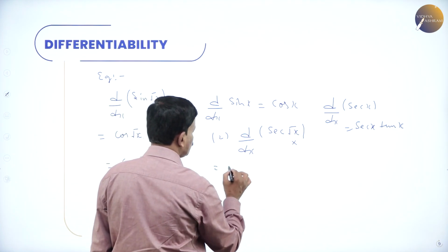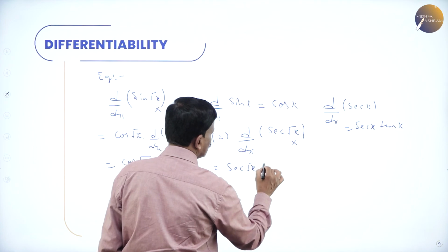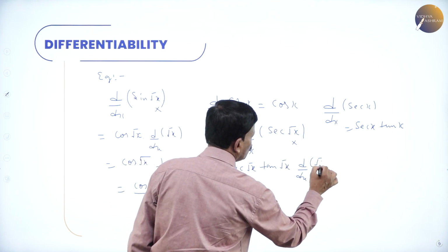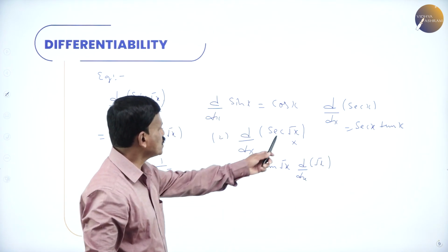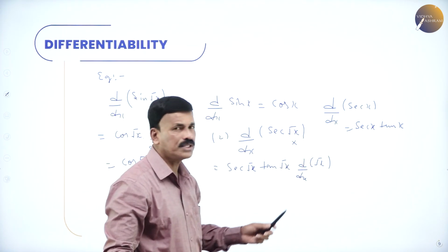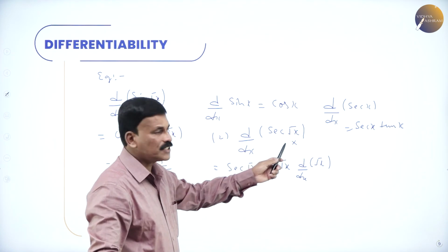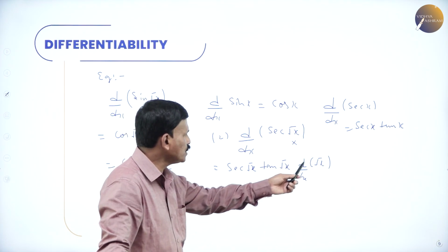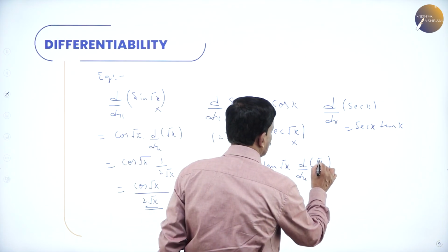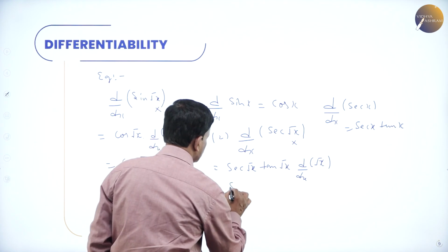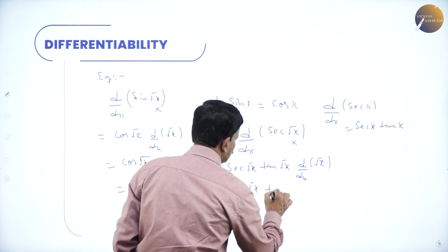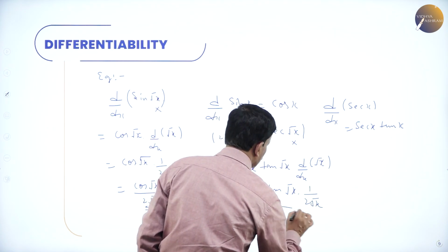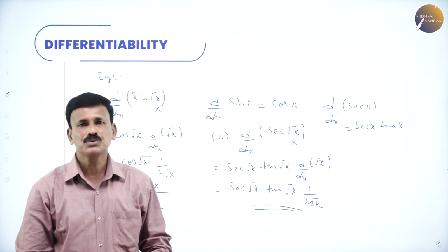Now differentiation of secant root x is secant root x into tan root x into d by dx of root x, which is 1 over 2 root x.